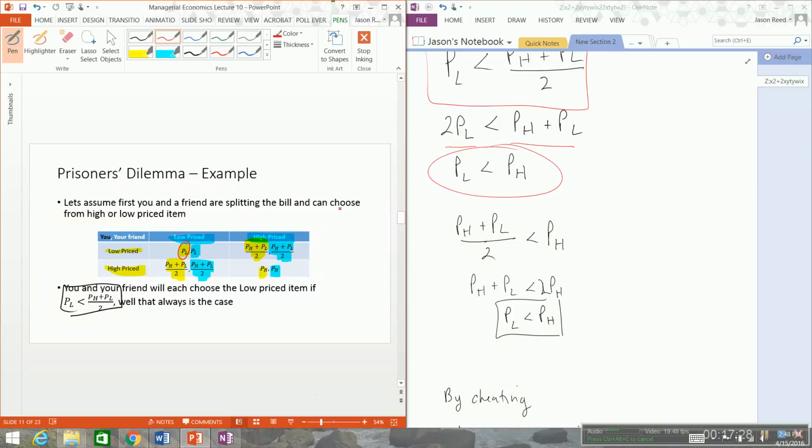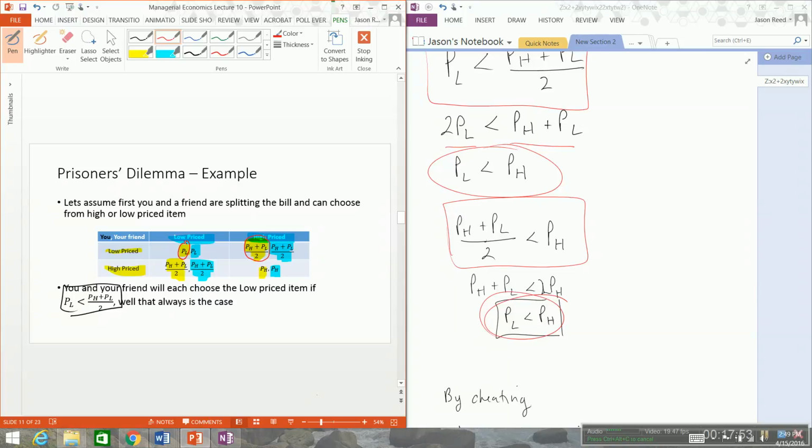So I think that PH plus PL divided by 2 is going to be less than PH. Now again, I do the algebra, and I get that PL is indeed less than PH. So I know what I believe to be true, so that means when my friend is going to choose the high-priced item, I'm also going to choose the low-priced item.